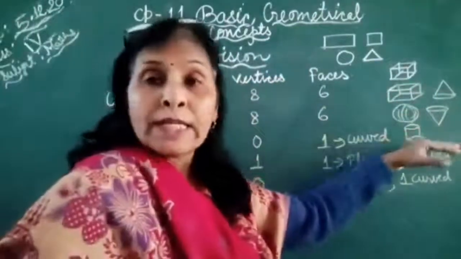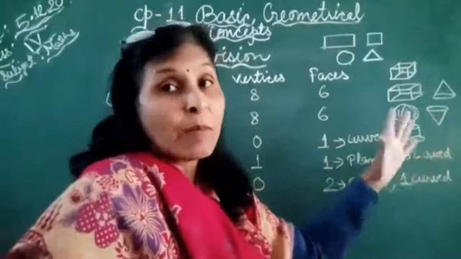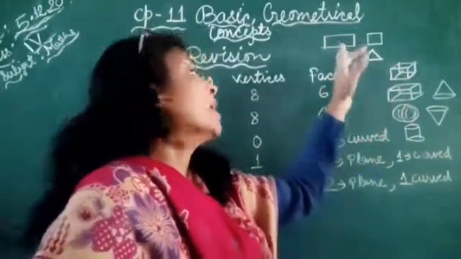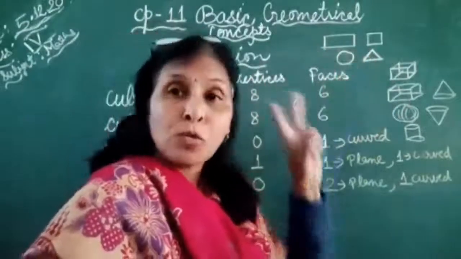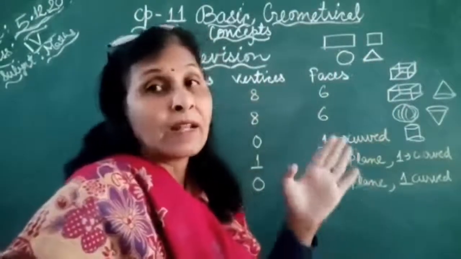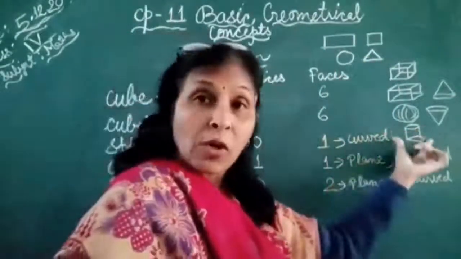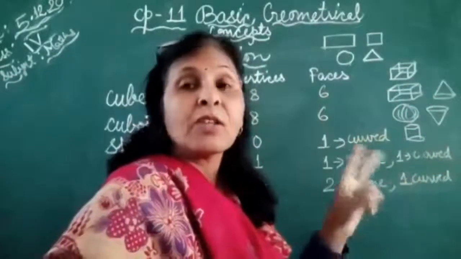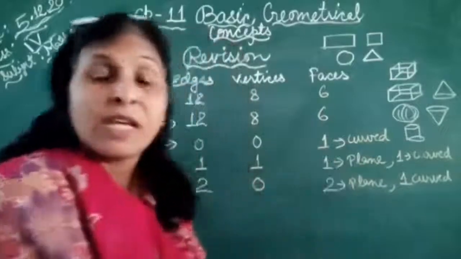So all this you are familiar about, that is plane shapes and solid shapes. Plane shapes have only two dimensions, that is length and breadth. And solid shapes have three dimensions, that is length, breadth and height.